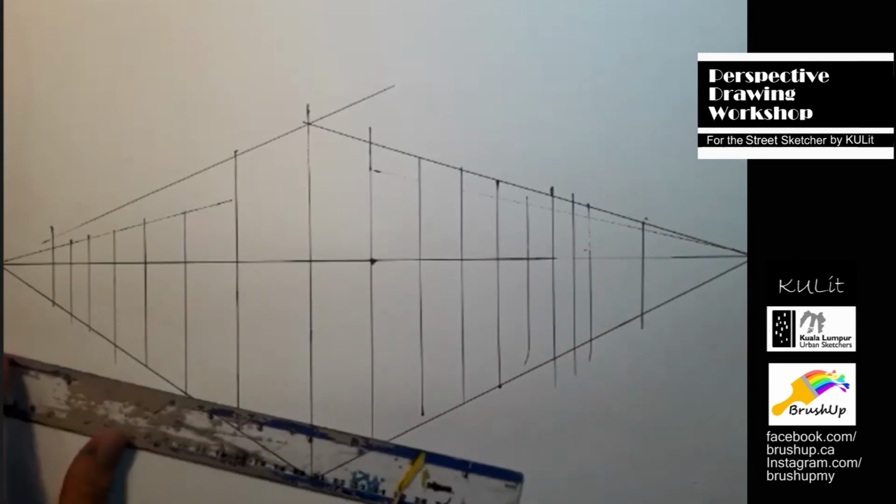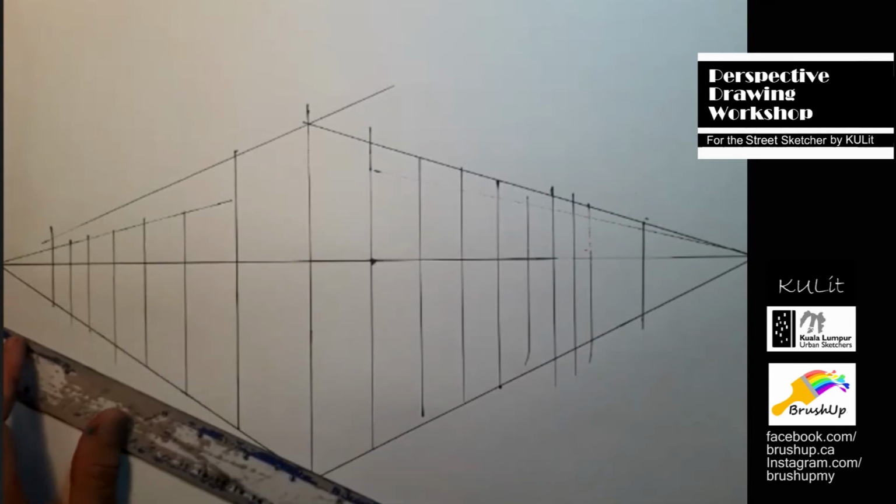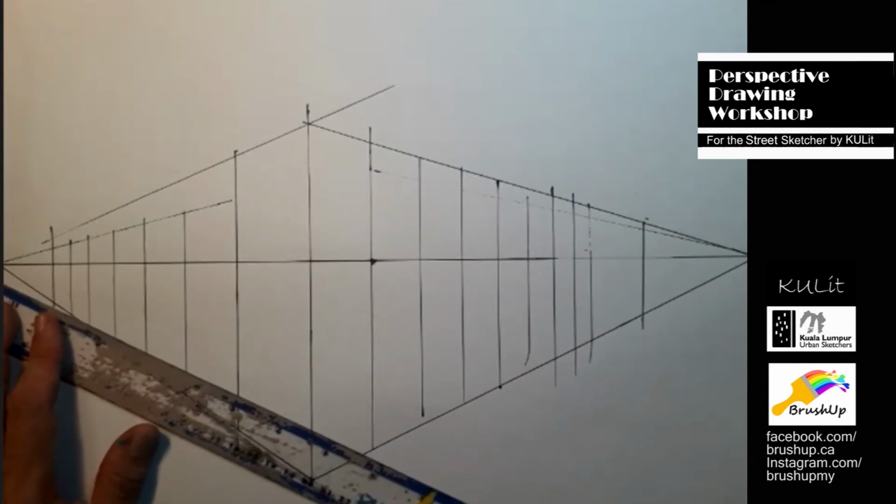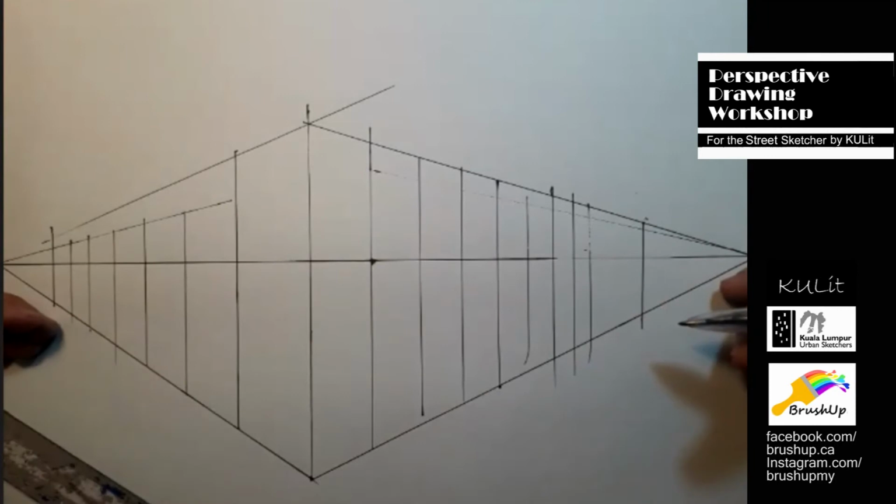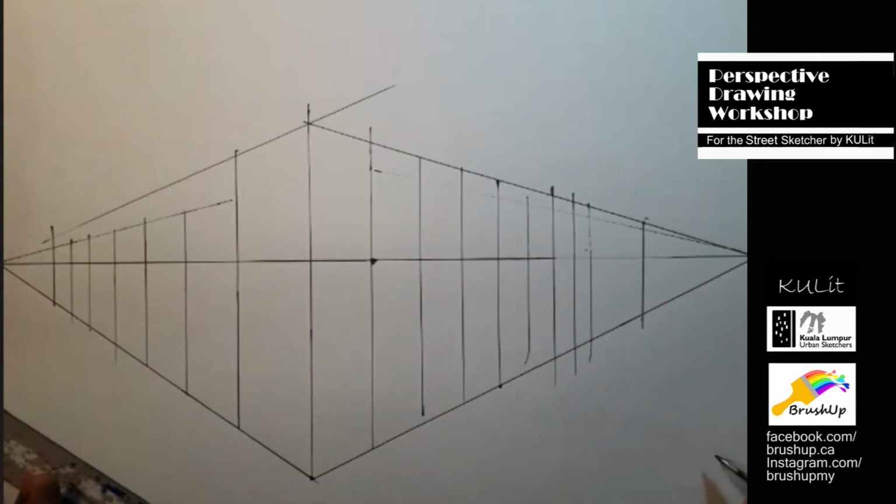All right, now I'm going to make it a little bit more interesting. Let's say this is your block of building. Everybody got that yet? Okay, good. I'm going to divide it into maybe different floors. Got it?